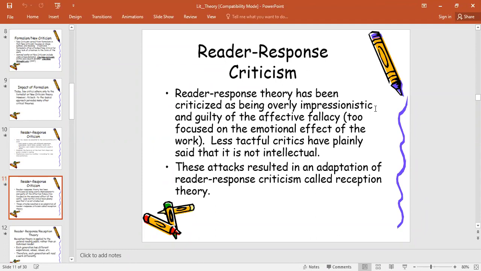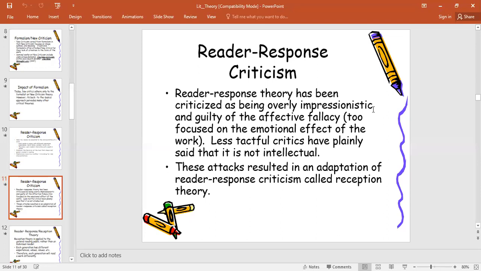Because we know very well that intellect is entirely different from the feelings and emotions of people. So feelings and emotions are certainly important, but they must not be allowed to interfere, especially in the work of art.